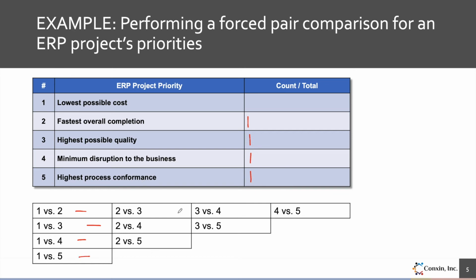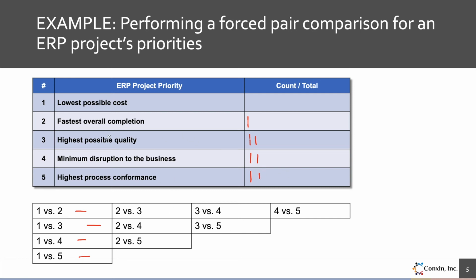So I'll go through the rest of this and just let you know what they picked. Given a choice between 2 and 3, they picked 3. Given a choice between fastest completion and minimum disruption, they picked minimum disruption. A choice between fastest completion and highest conformance, they picked highest conformance. Now we move on to 3.